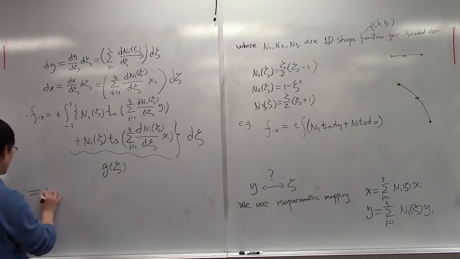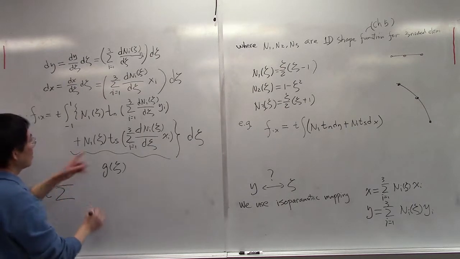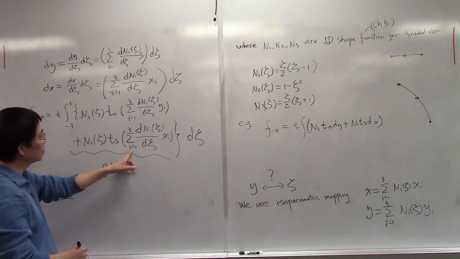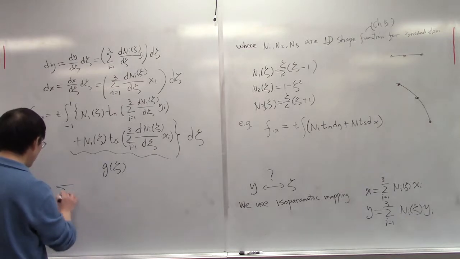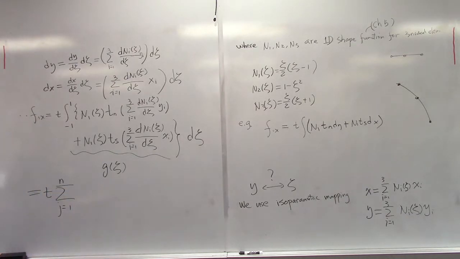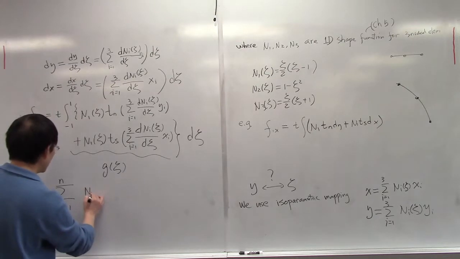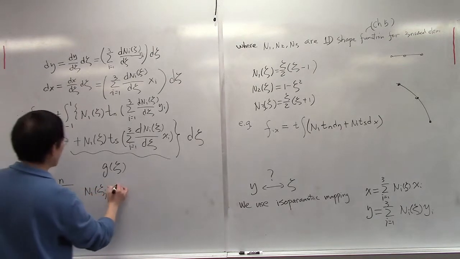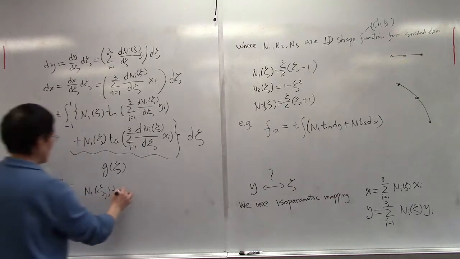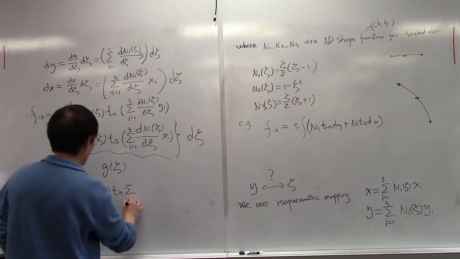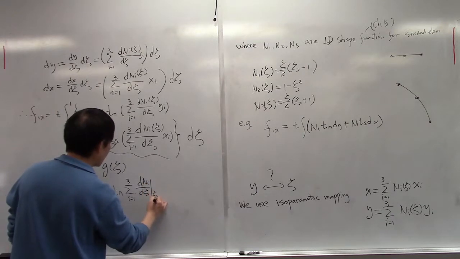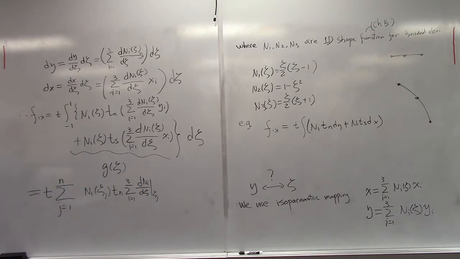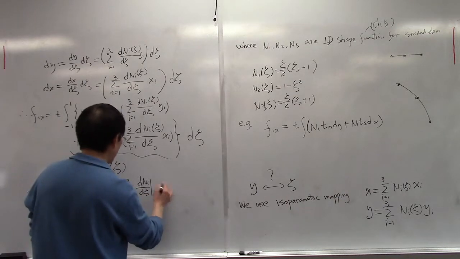So we can write it as t and summation. Because I already use I here, I better use a different index. Let me use J. J from 1 to the number of Gaussian integration points. So N1(theta J) Tn times the sum over I from 1 to 3 of dNi/d theta evaluated at theta J times yi.